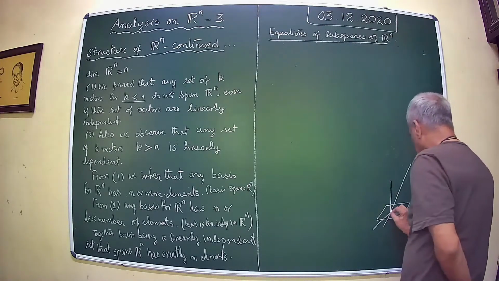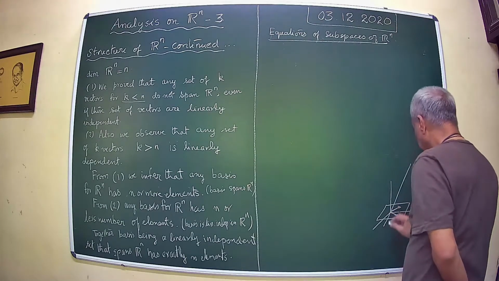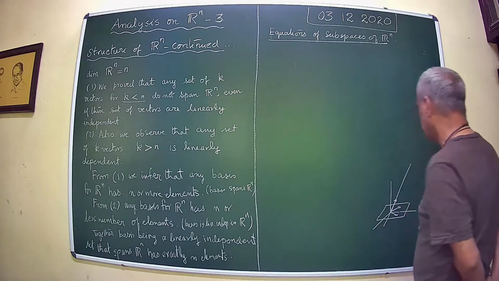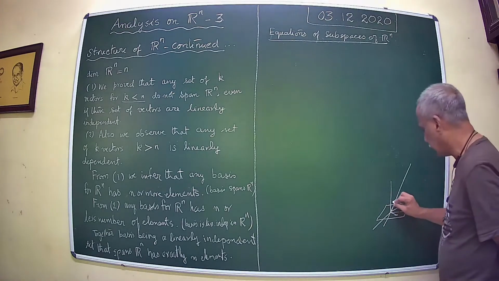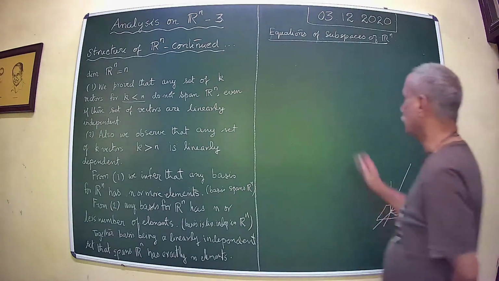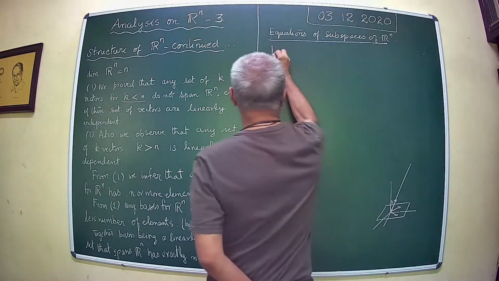So you have two vectors given here, and there's a third vector. If this vector is A, then it is TA, the whole lot.